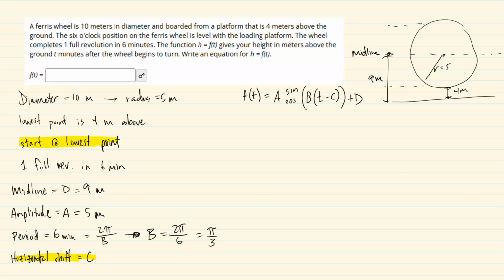So let's draw this really quick. So a cosine function is where you start up here. The basic cosine function looks something like that. It'll start at the top of the curve at t equals 0.